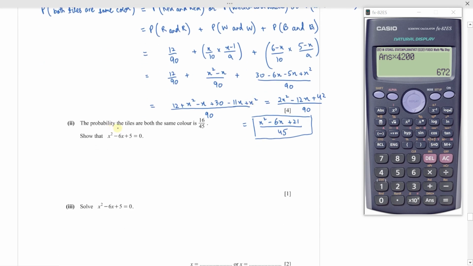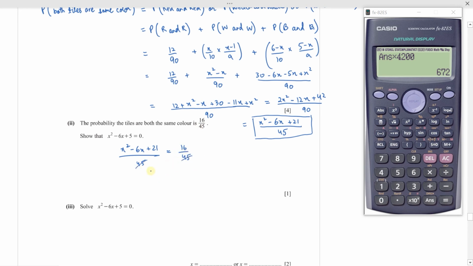The next part is: the probability the tiles are both the same color is 16 over 45. Show that x squared minus 6x plus 5 equals 0. So we have calculated the probability that both tiles are the same color in terms of x over 45, and we're now given that this probability is 16 over 45.